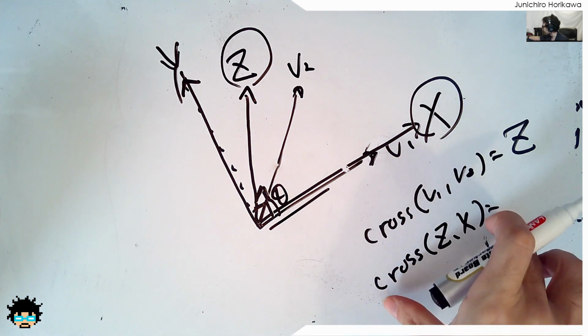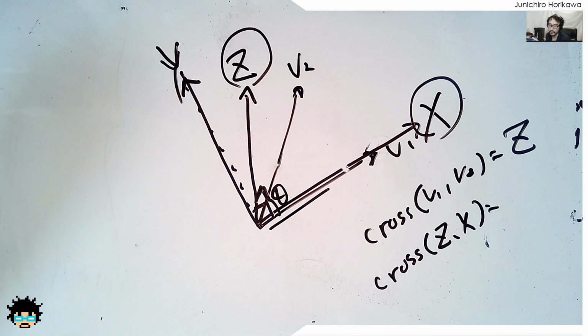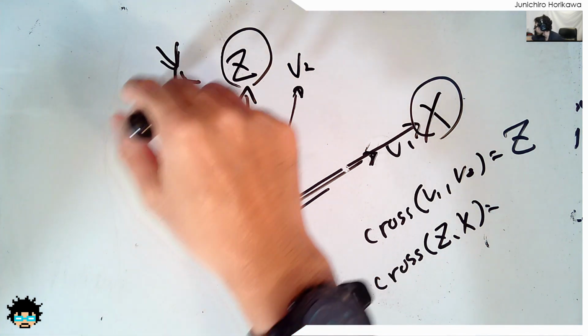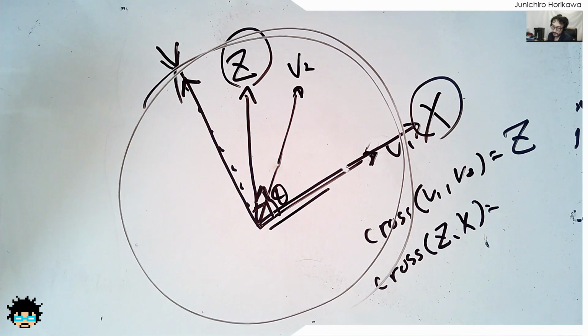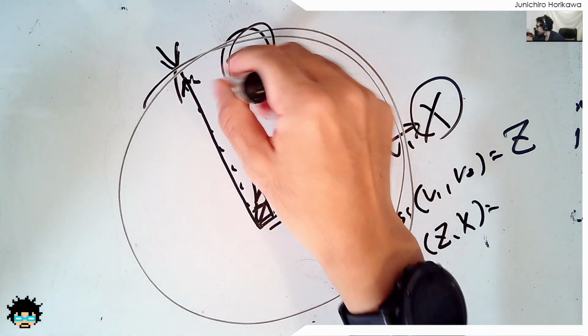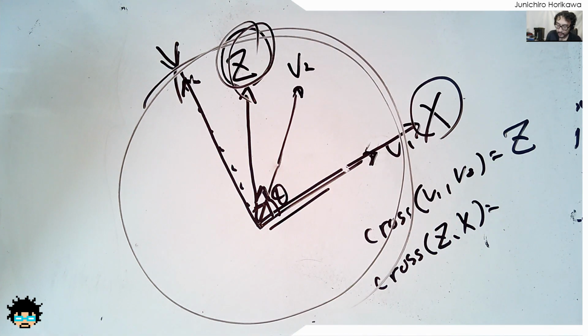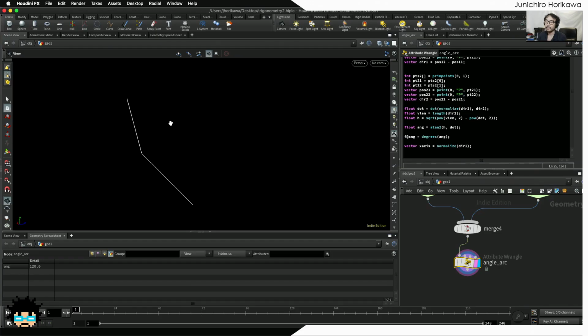So by having two cross product calculations, you'll have all the axes you need in order to draw a circle, in order to have a virtual plane. In this case, I only need x and y, but in order to create that, I needed this z. Alright, I hope it makes sense, and let's see how I could do this.